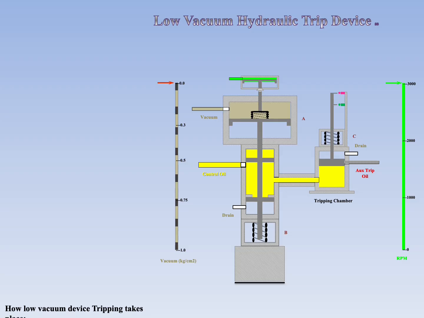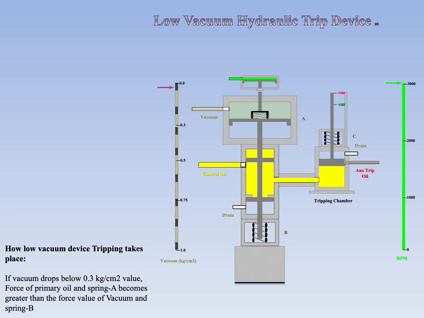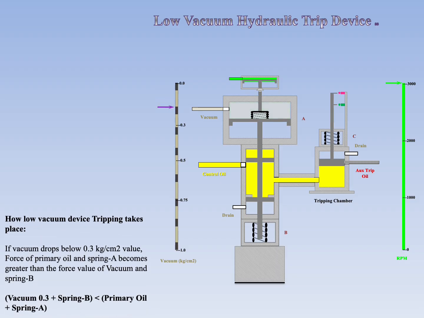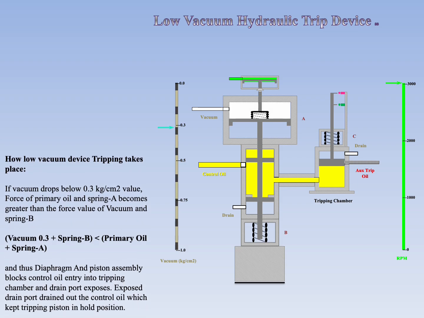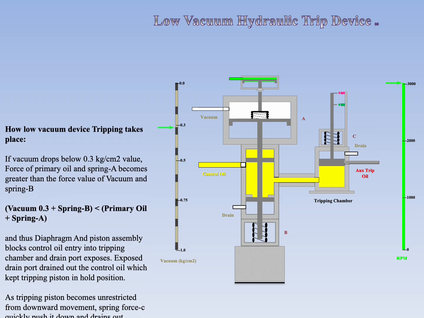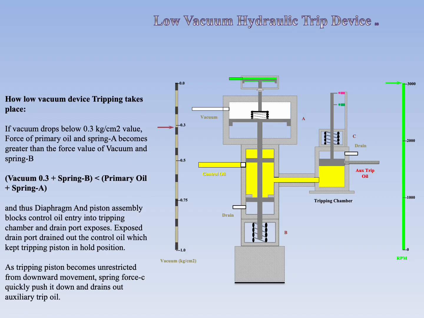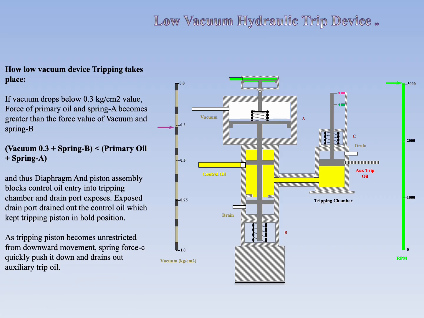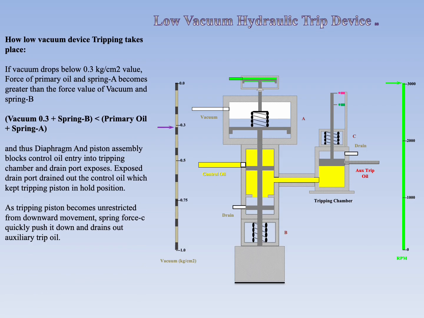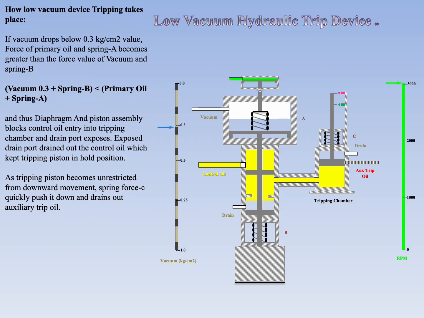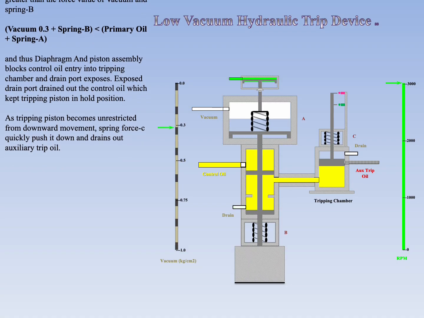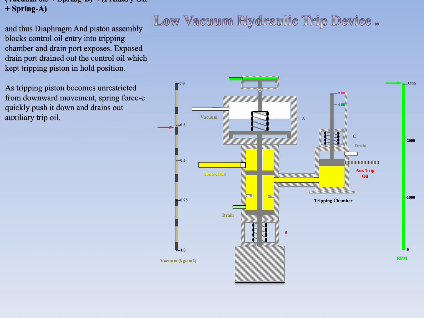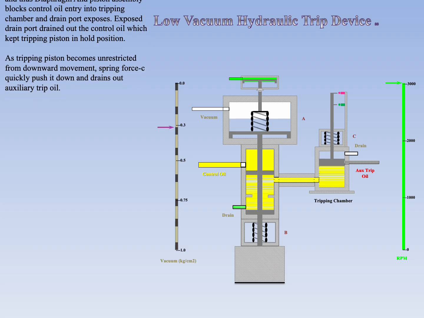How low vacuum device tripping takes place. If vacuum drops below 0.3 kg/cm2, the force of primary oil and spring A becomes greater than the force of vacuum and spring B, and thus the diaphragm and piston assembly blocks control oil entry into the tripping chamber, and the drain port is exposed. The exposed drain port drains out the control oil, which kept the tripping piston in hold position.